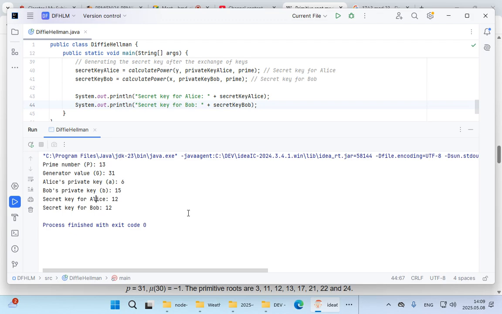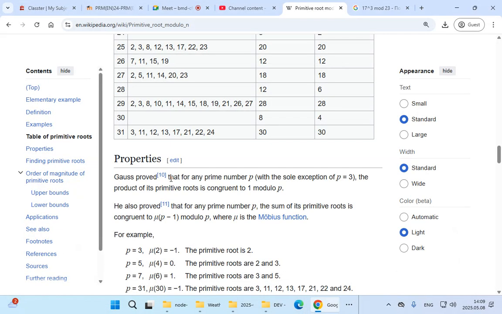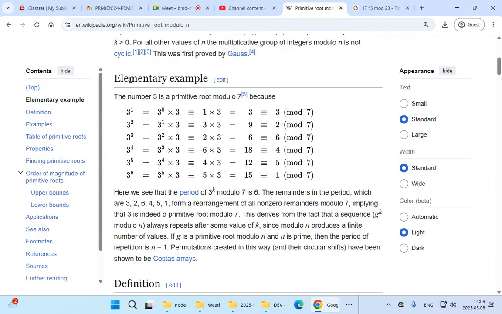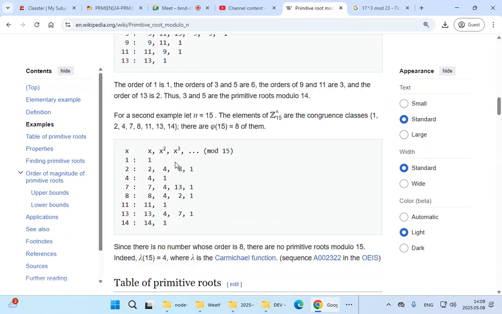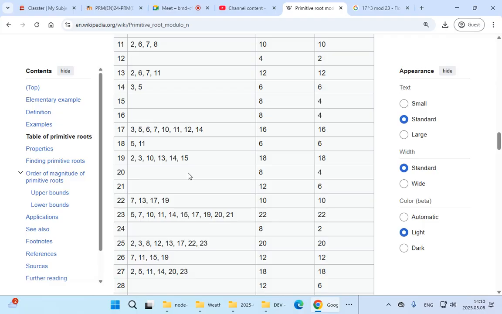Yeah. Now try to find some. Have you taken this program and tried to find it? Can you just think about different pairs when it works? So you can also Google this table. It means this primitive root modulo, table of primitive roots, and then you can see.